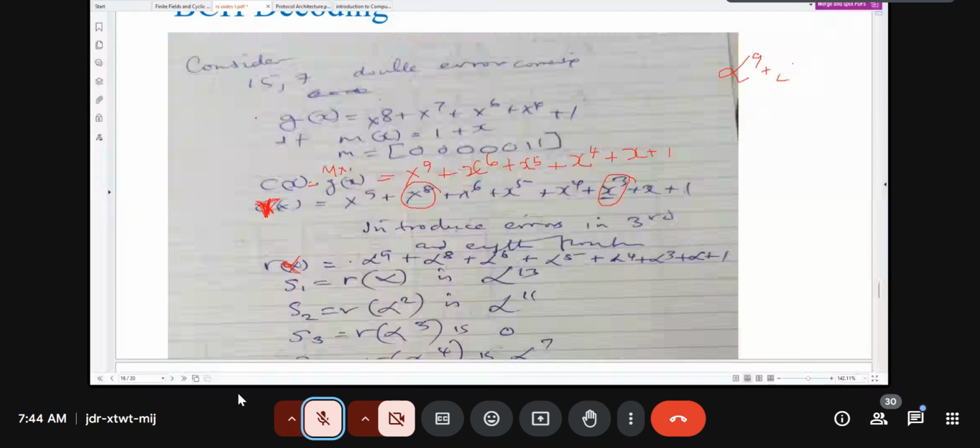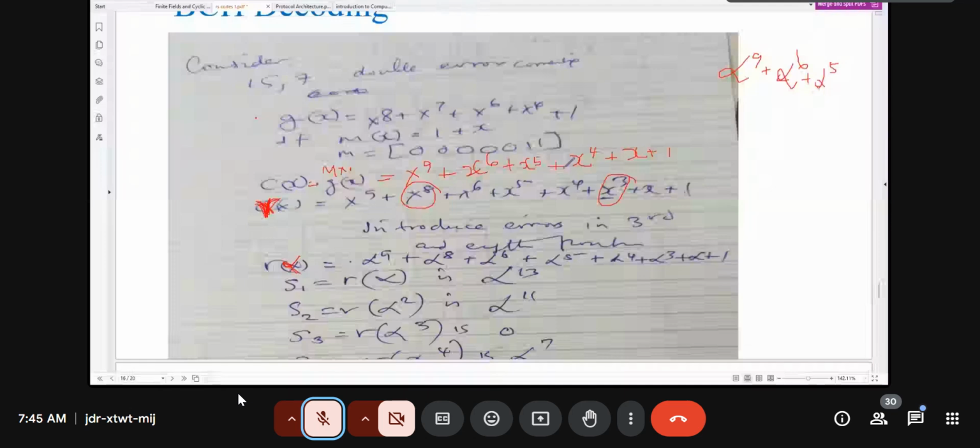We are saying if this is what we received, which is the correct vector, then this should work out to 0.